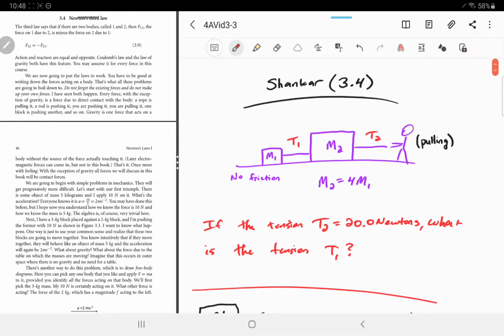Now, you could be a little bit careful about this and say, well, this little piece of the rope right here is pulling to the left on the right side of that rope.